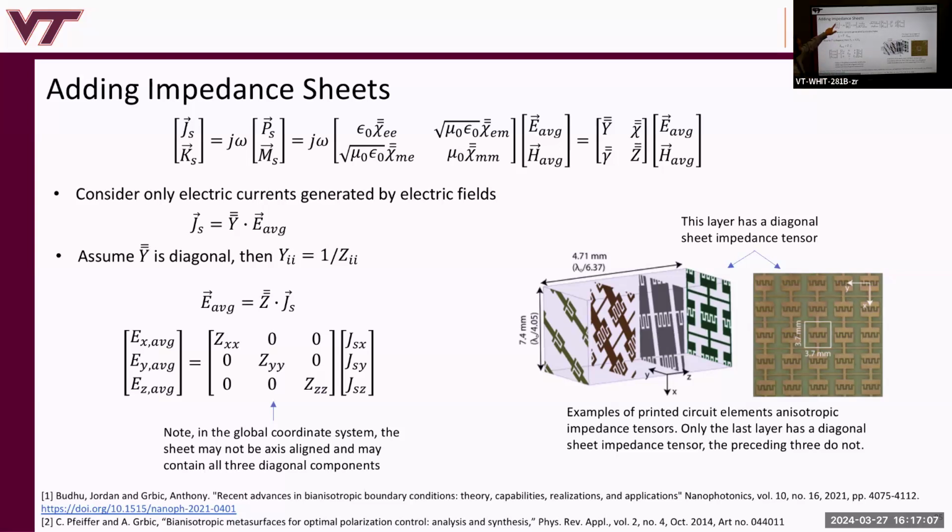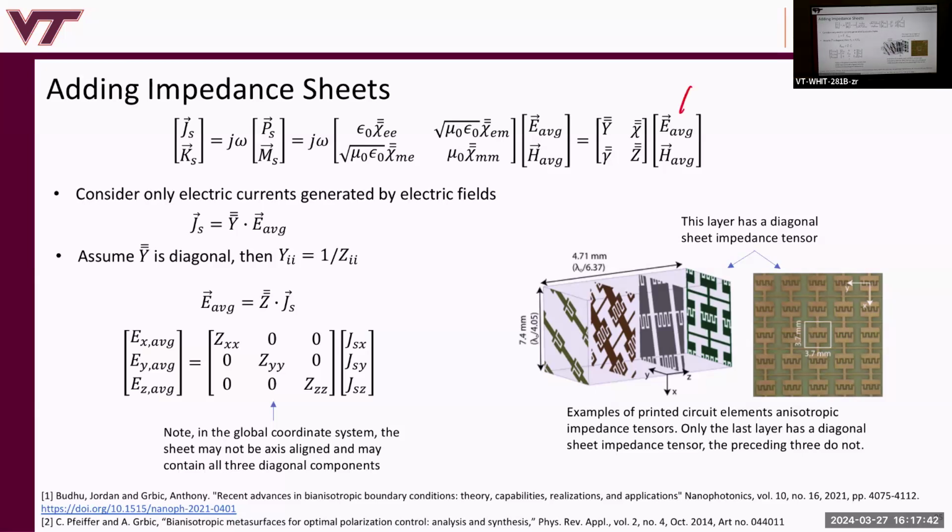Along an interface, you can have electric and magnetic surface currents flowing, and these electric surface currents can be excited by what's called the tangential average electric field, or the tangential average magnetic field, through these two proportionality constant tensors, all right? Proportionality constant means that it defines the relative strength between a given electric field that drives a current and the resulting current, right? So what are these tangential electric fields that are averaged and all that?